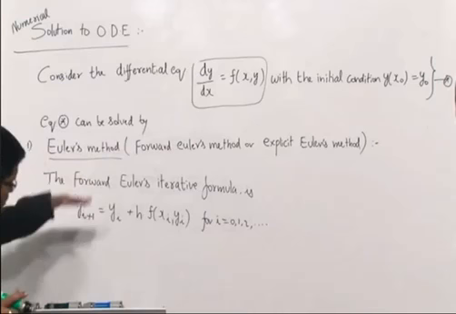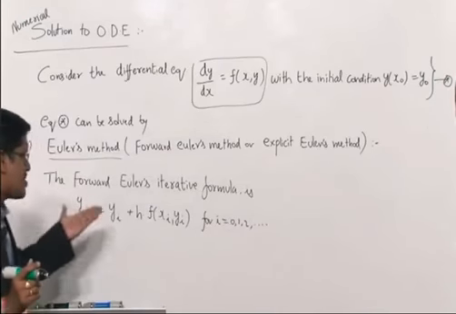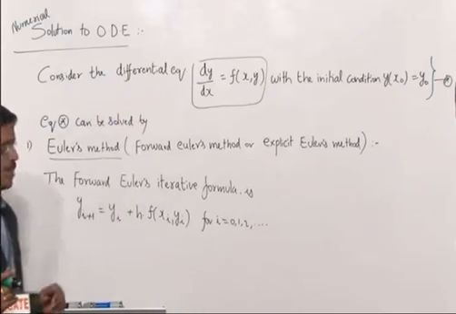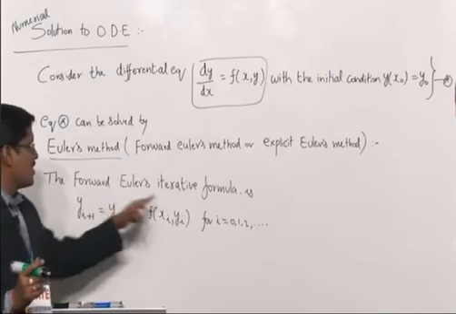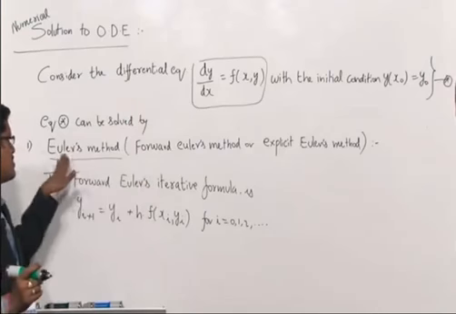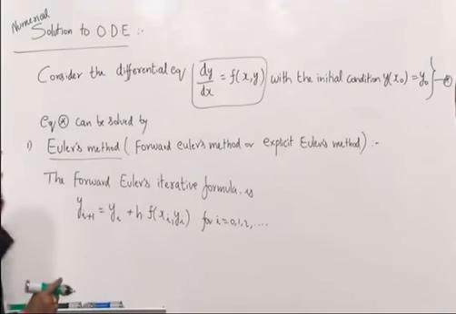So let me give all the methods' iterative formulas, then I will mention x1, y1, x2, y2, like that, and h also. Okay. So this is the iterative formula for solving this equation star using forward Euler's method, which is simply known as Euler's method. Okay.